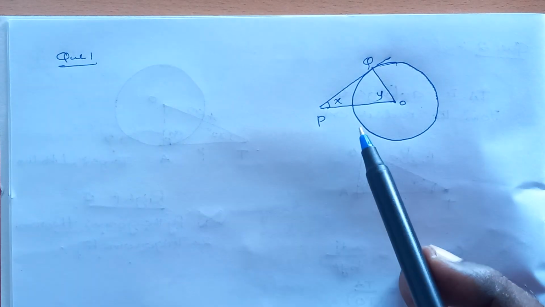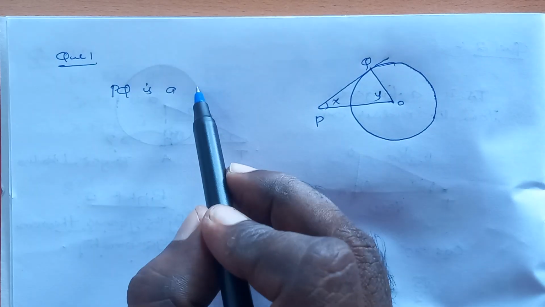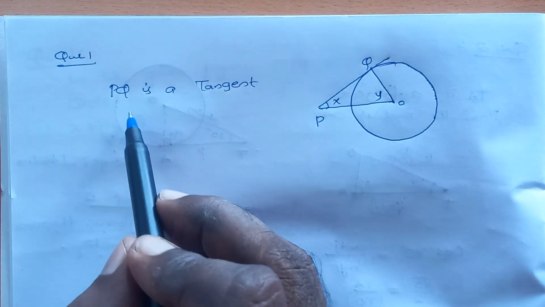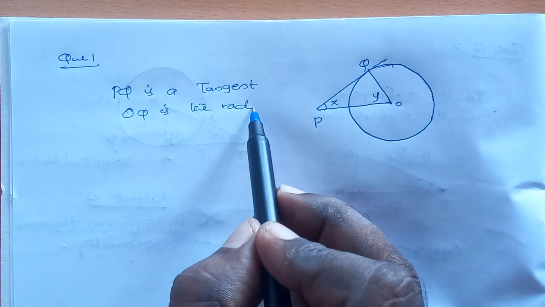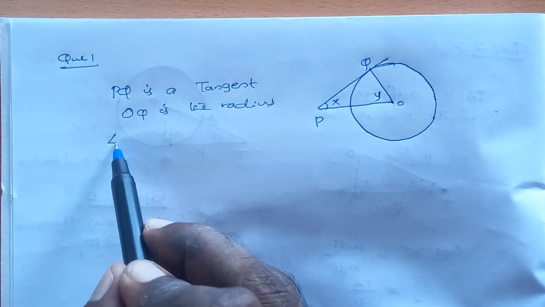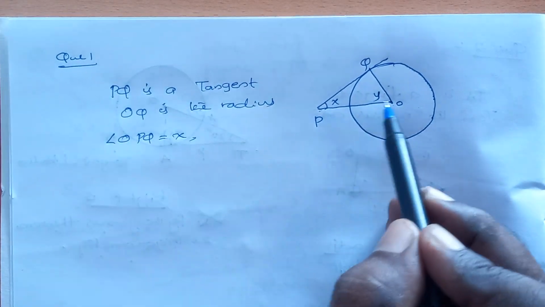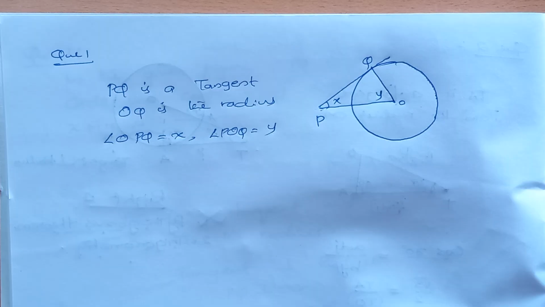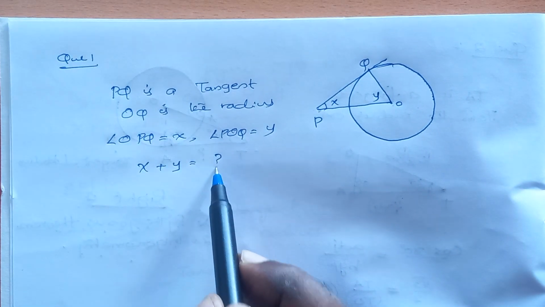So as per the question, PQ is a tangent, OQ is the radius, angle OPQ is X, angle POQ is Y. Then we need to calculate X plus Y.